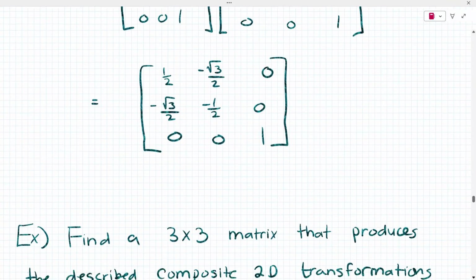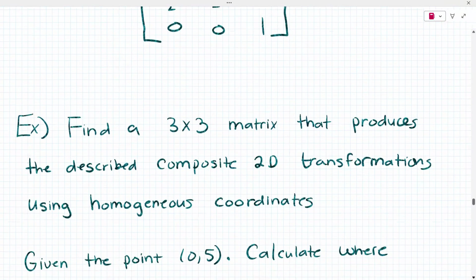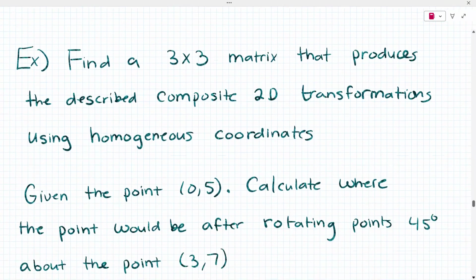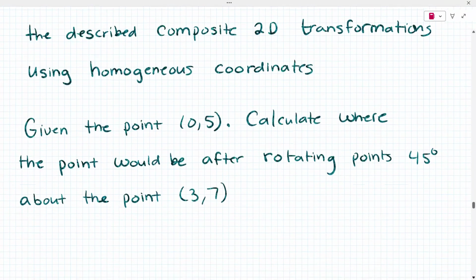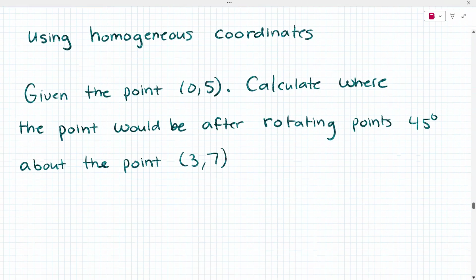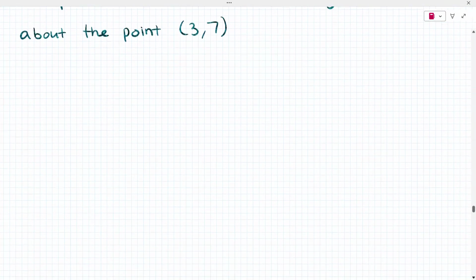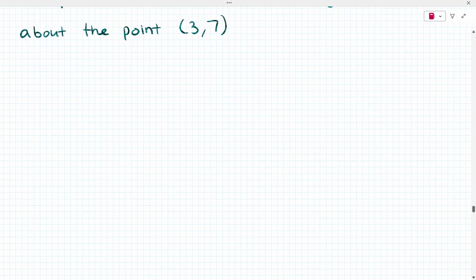So the next example says, find a 3 by 3 matrix that produces the described composite 2D transformation using homogeneous coordinates. Given the point 0, 5, calculate where the point would be after rotating points at 45 degrees about the point 3, 7. So first, it was 2D, right?